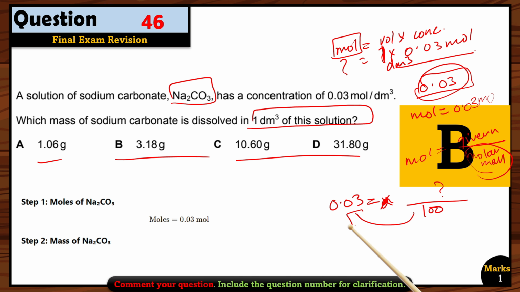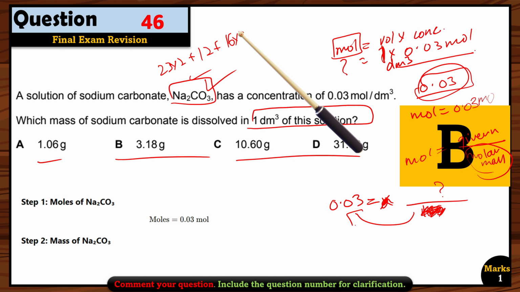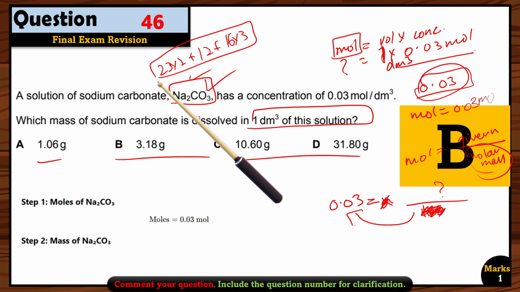So you can find the mass of sodium carbonate, it's actually sodium carbonate. I think it's not 100, maybe it's more. You can calculate it yourself from the periodic table. It's 23 into 2, and then you have to add 12, and then 16 multiplied by 3.